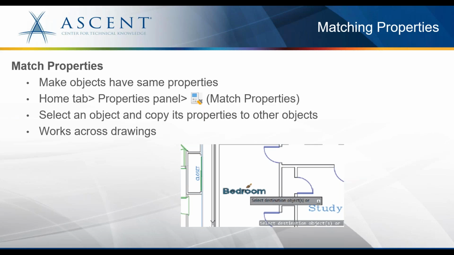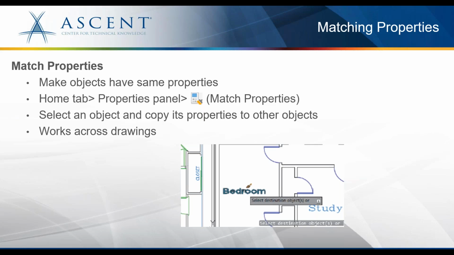Once you start the command, you are required to select the source object, which will be used as a model. After selecting the source object, the cursor changes into a small square box, which is a pick box with a paintbrush. You can see on the screen near the bedroom that paintbrush and the pick box.